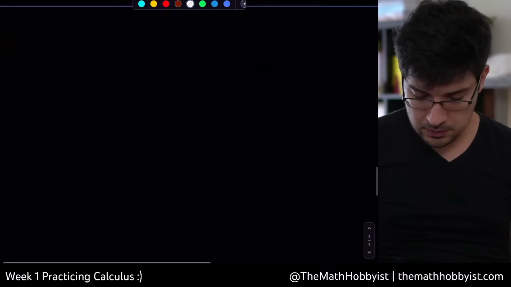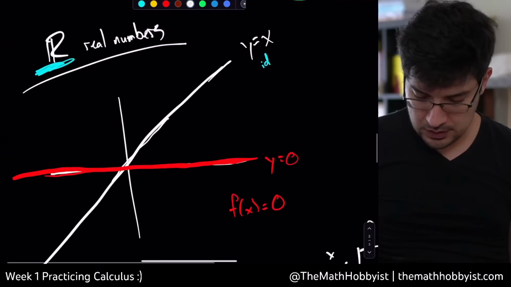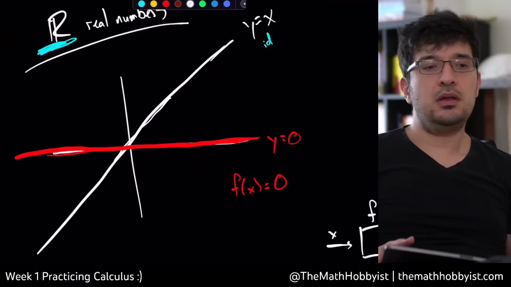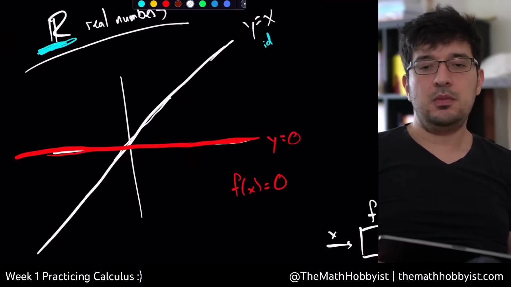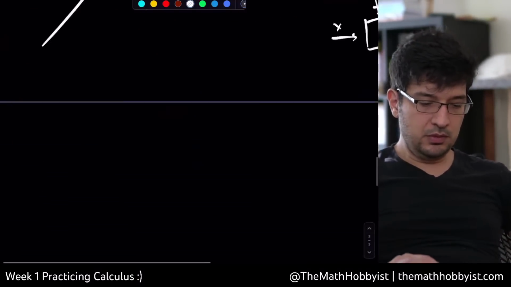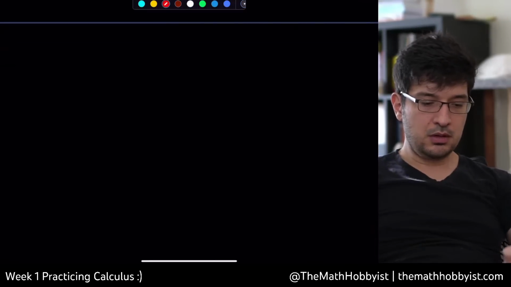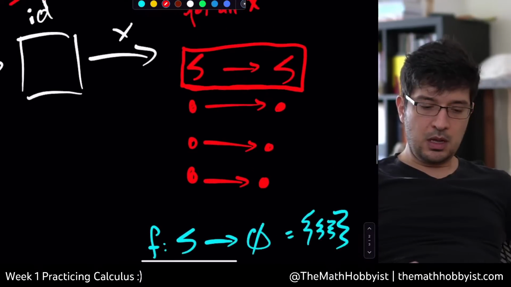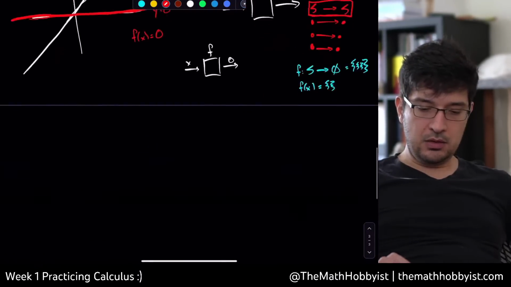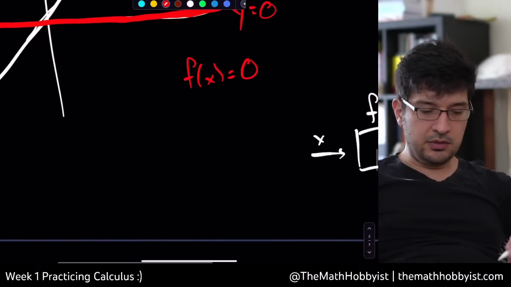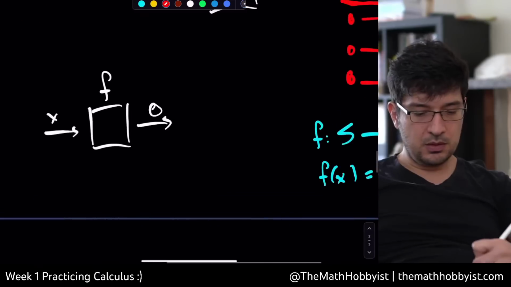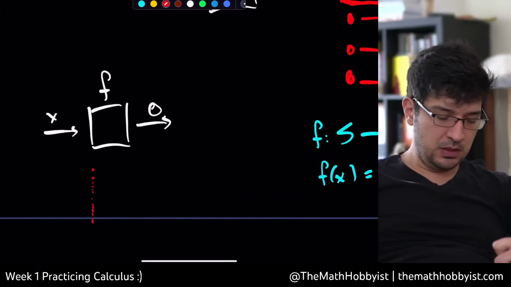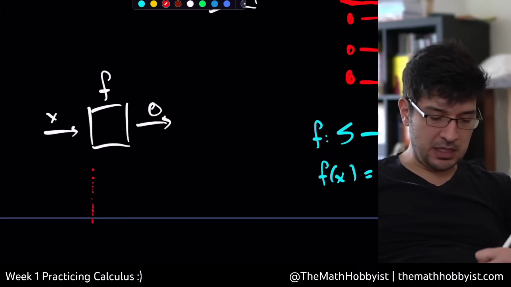Now, here's a good point to try to introduce a fancy concept. I've come up with some annoying examples of functions. Like here, this one, f of x equals 0. We can draw this. I mean, we literally can't list all the real numbers. That is a theorem that we'll get to at some point.